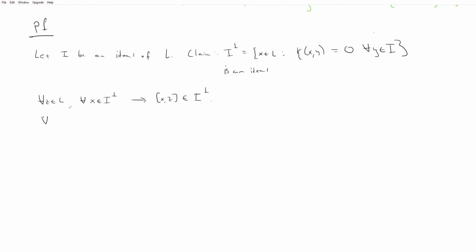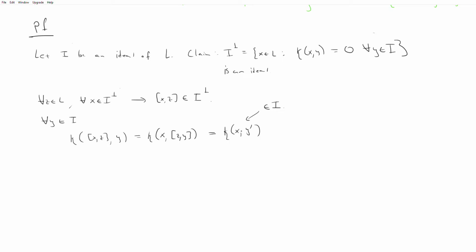So consider any Y in I, and we have the following: kappa of X bracket Z with Y is equal to kappa of X with Z bracket Y. Now this is the associativity property we saw in the last video. And so this is equal to kappa of X with some Y prime, where Y prime is equal to Z bracket Y. But more importantly, this Y prime is an element of I because I is an ideal.